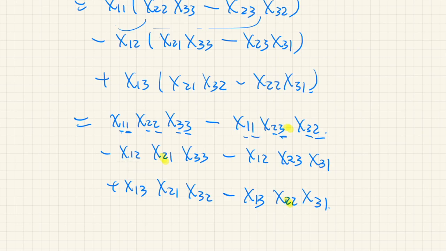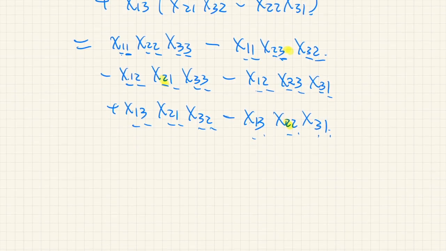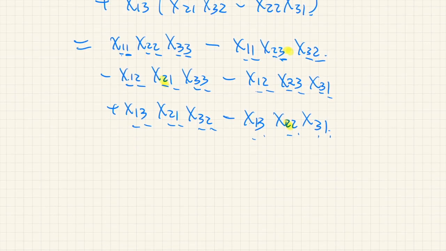Here we have 1, 2, 3 for the rows, and 2, 1, 3 for the columns. And 1, 2, 3 for the rows, and 2, 3, 1 for the columns. 1, 2, 3 for the rows, and 3, 1, 2 for the columns. 1, 2, 3, and 3, 2, 1. So these are actually permutations of 3 numbers.